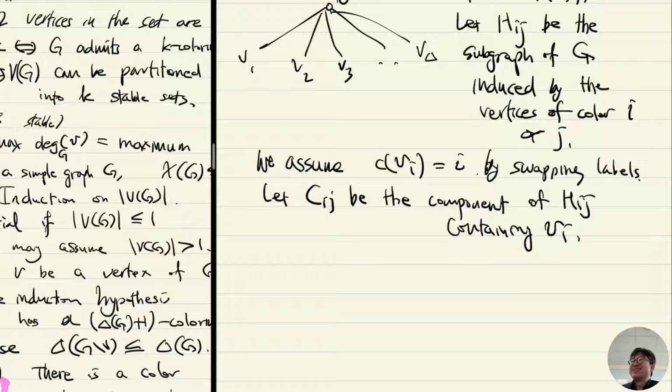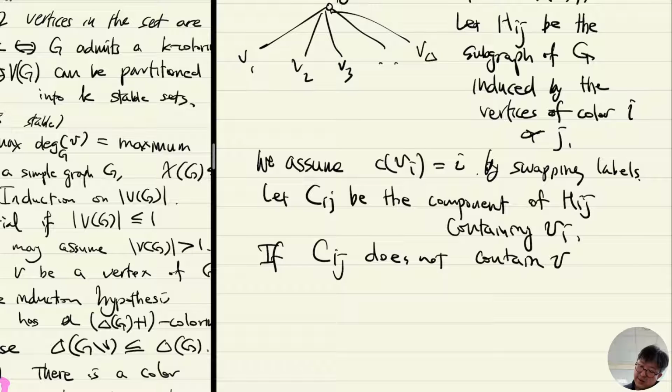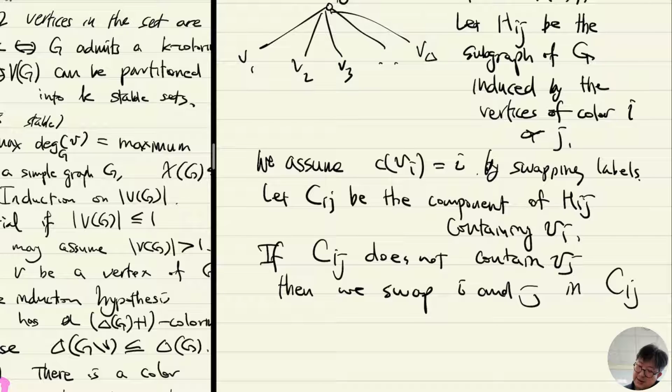All right, so now by the Kempe argument, if Cij does not contain Vj, then we swap i and j in Cij, and color V by i.